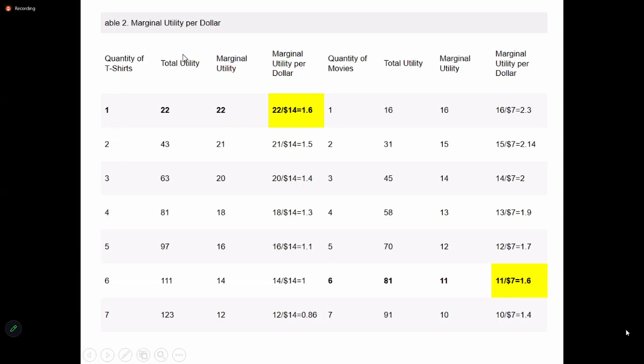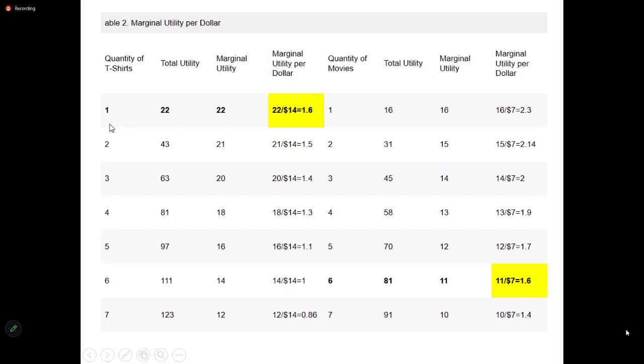Total utility divided by the quantity. Then you need to decide the marginal utility. Here quantity changes by 1, 2, 3, 4 like this.